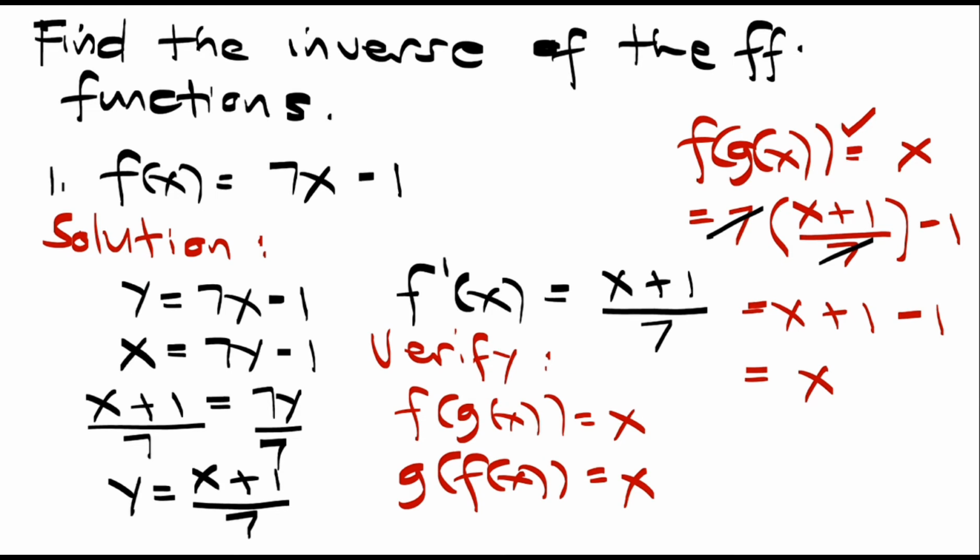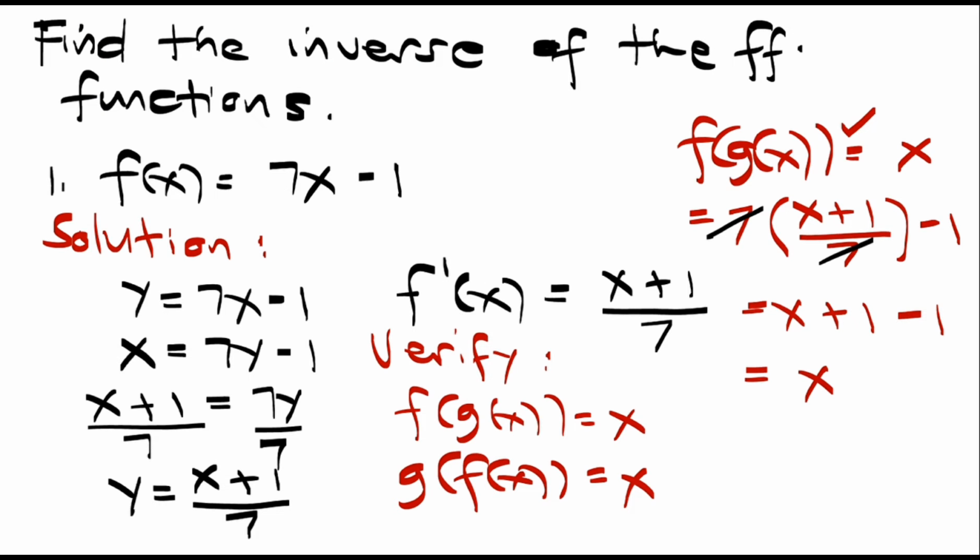Okay, so second condition, verify also g of f of x, whether this is really equal to x. So is that equal to x? So again, we'll be using the function g, and its variable will be replaced by f of x. So our g is our inverse, which is x, so that will be replaced by 7x minus 1.